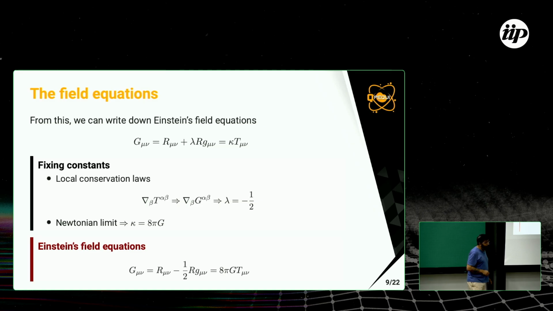The other one is a little bit more complicated. You have to take the Newtonian limit. What do you do? You go to an extremely weak field, so you write the entire metric in terms of the Minkowski metric plus some correction, and then you study the equations for this correction.